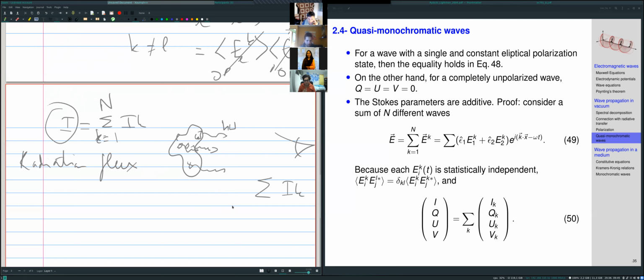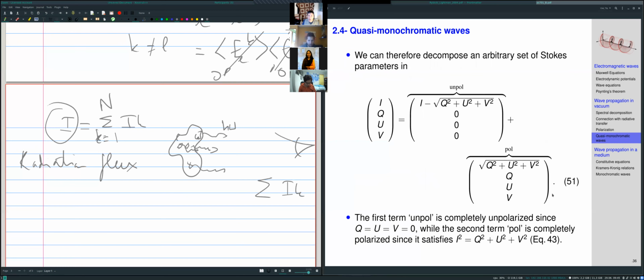So it's kind of obvious for Stokes I, and we recover something very intuitive. What's not so intuitive is that the same additivity holds for Q, U, and V. Okay, so that's very handy. It means that the Stokes parameters are additive. So if they are additive, we can do this trick. We can decompose any set of Stokes parameters this way. You can imagine that these are a set of 4 equations.